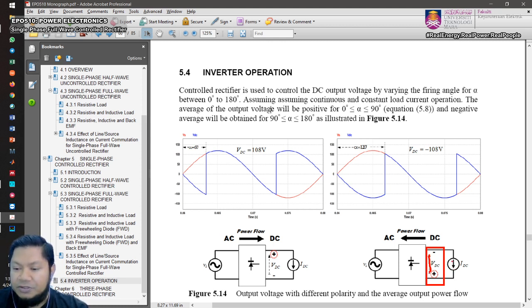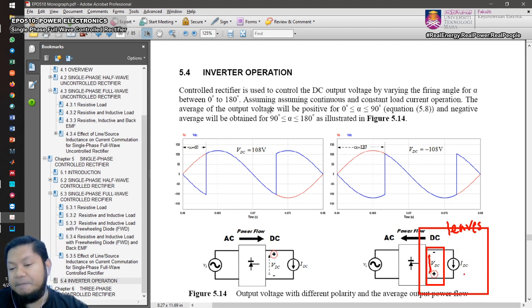In this case, we're going to see that the current leaves through the positive terminal. So in that convention, the DC side will become the supply, the source of the power flow.